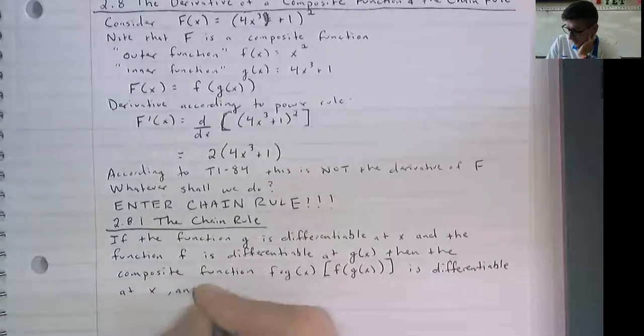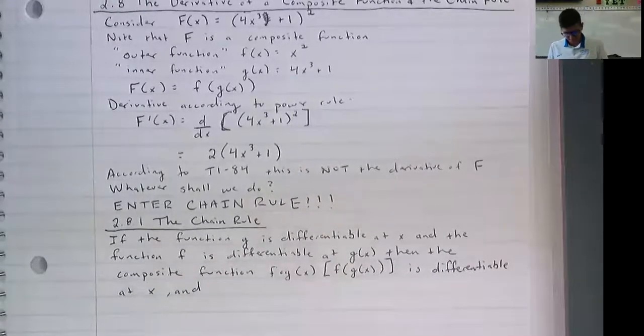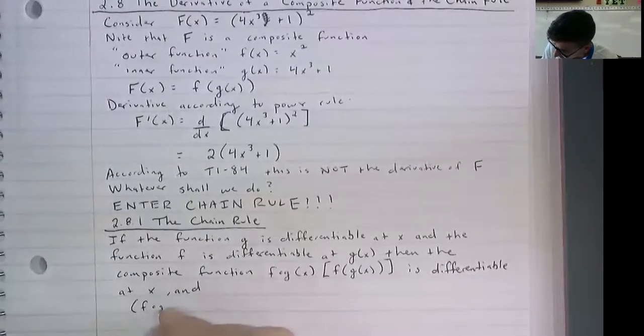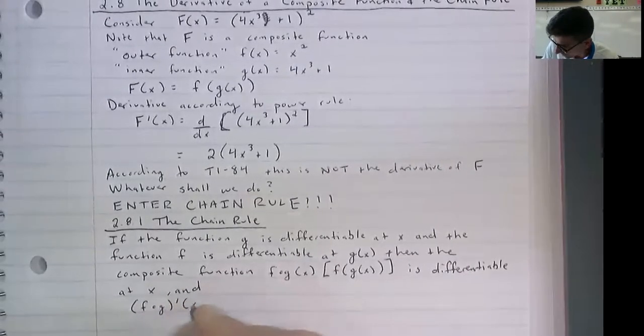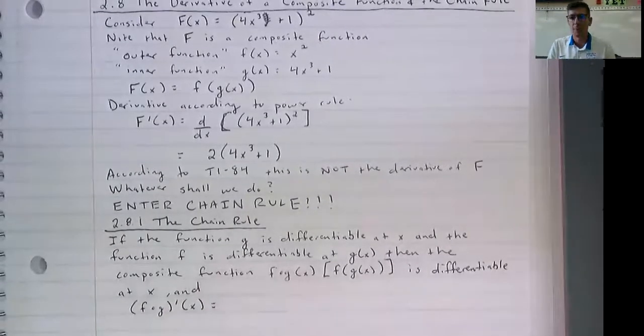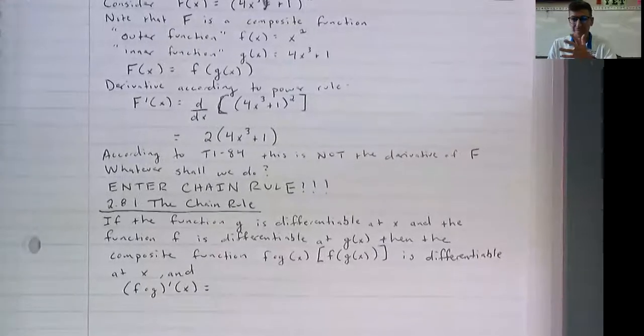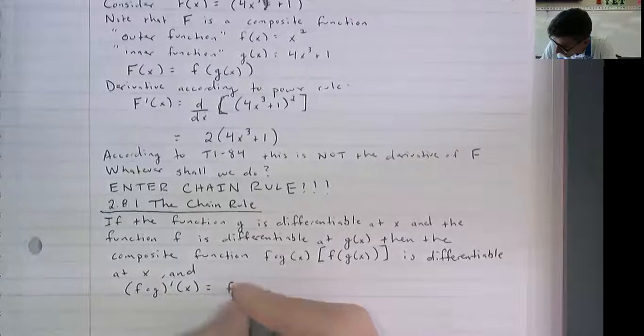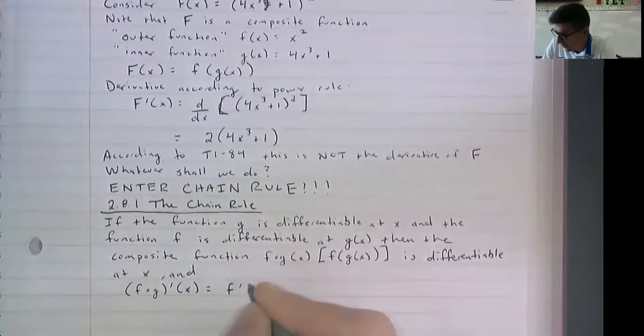And specifically what that derivative is, the derivative of that composite function is equal to, and it's going to feel kind of weird, but we'll do some examples and it'll make more sense, the derivative of f of g of x.